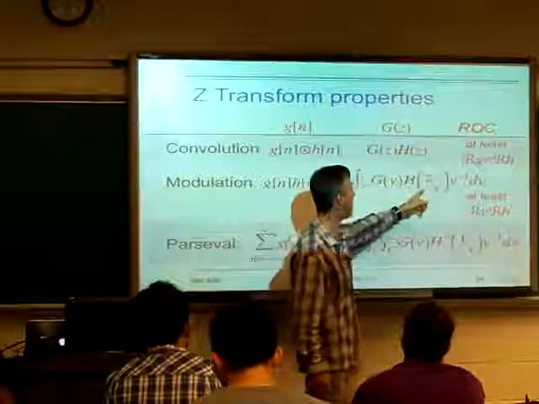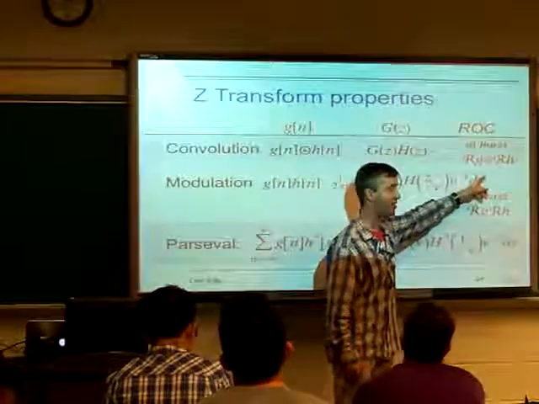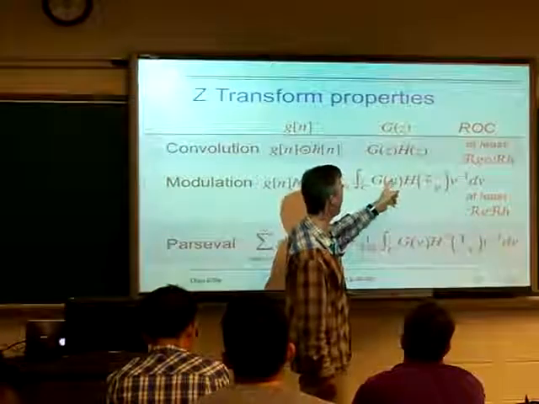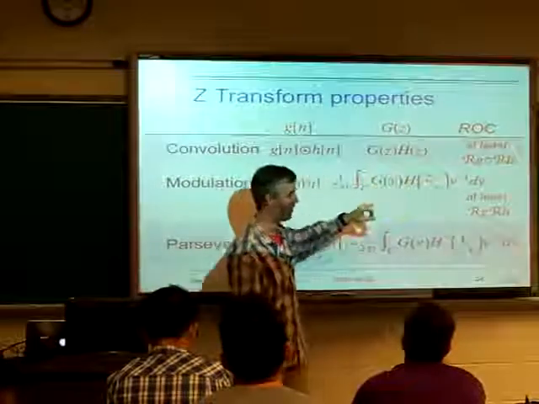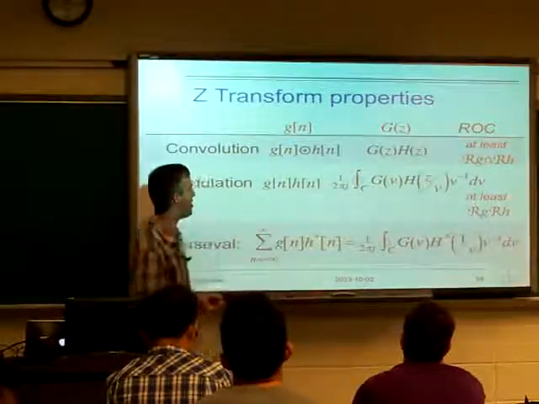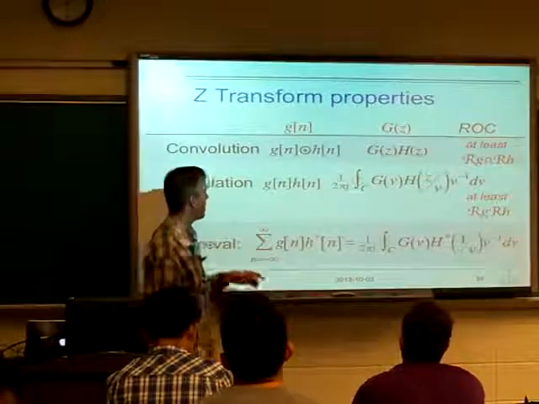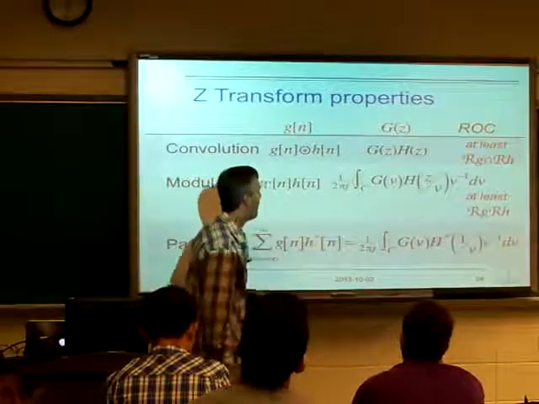Here's our convolution dummy variable, which is now a second complex variable, and we're integrating over all the values on it and then the reciprocal of that. It's the same thing, but it doesn't look so transparent in Z transform representation. So this gives you a function of Z here.